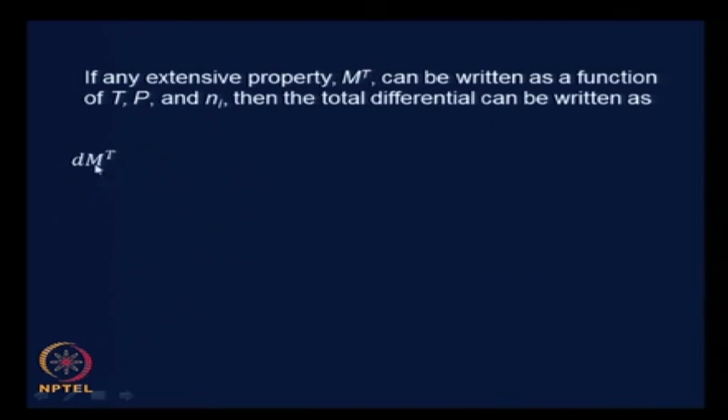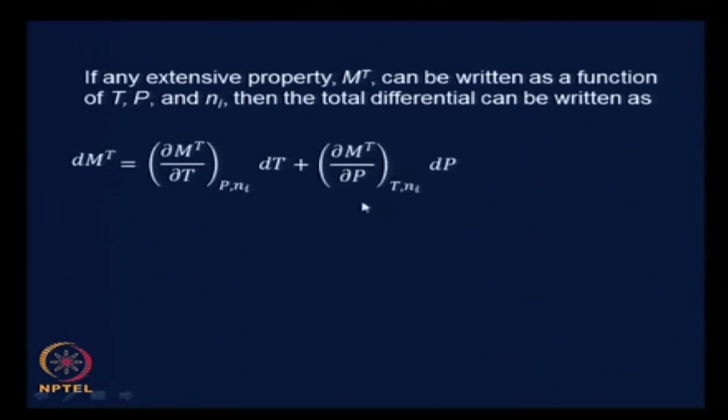Since this is a state function, you could write the total differential as dMt equals ∂Mt/∂T at constant P, Nᵢ dT, plus ∂Mt/∂P at constant T, Nᵢ dP, plus the summation over ∂Mt/∂Nᵢ at constant T, P and Nⱼ.